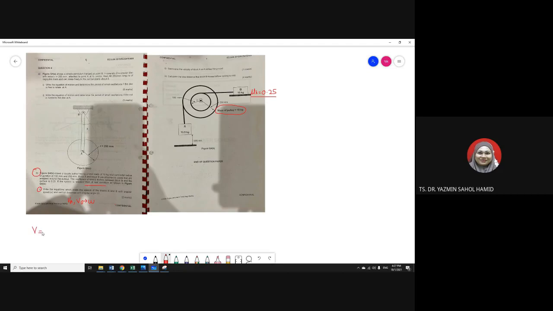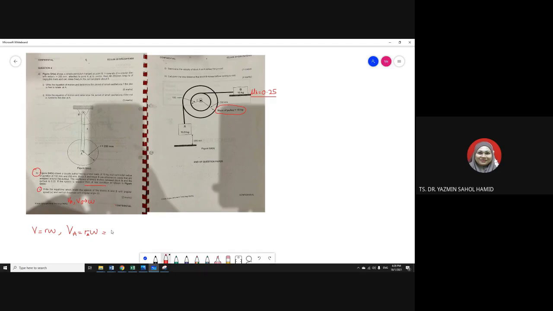V equals to apa? R omega. Yes, V equals R omega. So if we want to find VA, it will be RA omega. If you notice block A is connected to the outer radius. Our outer radius is 250 mm, so 250 mm we must change to meters.